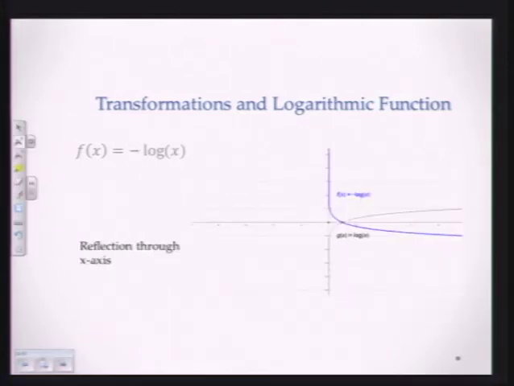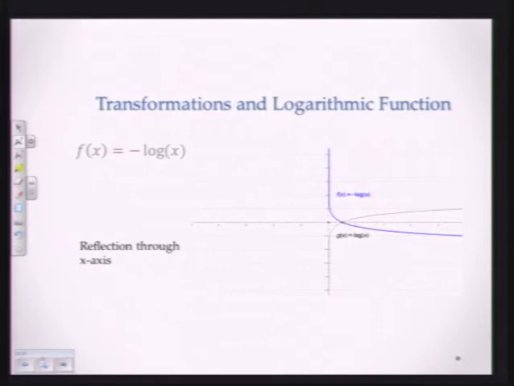If we put a negative in front of our expression, we're going to have f of x equals minus the log of x. In this case, you'll recall that that is a reflection through the x-axis.